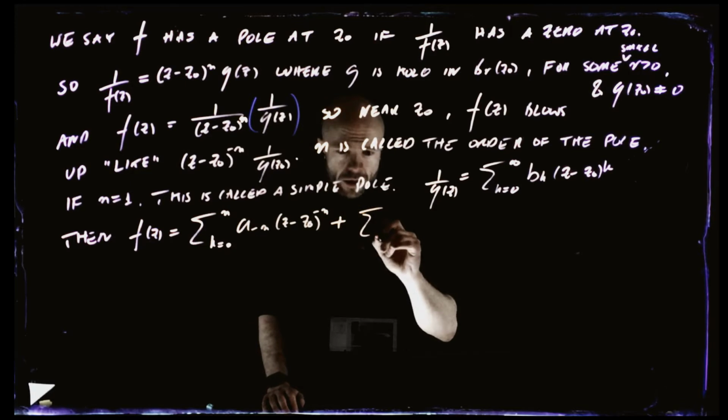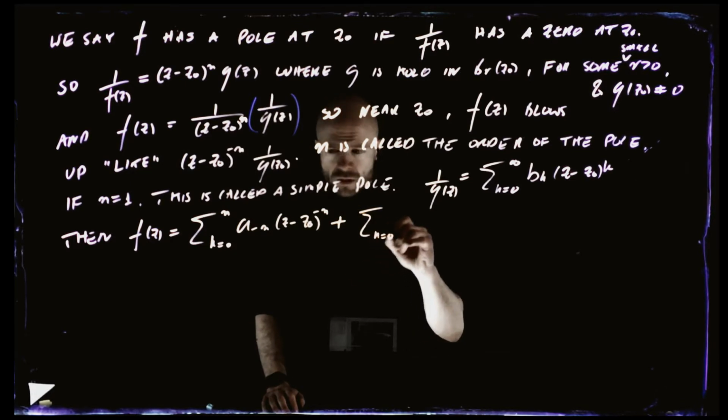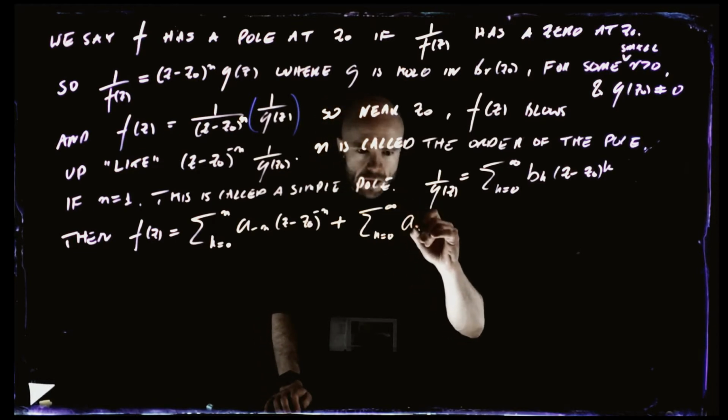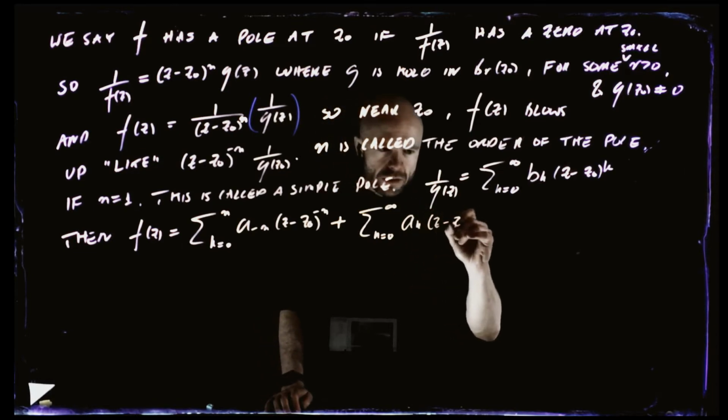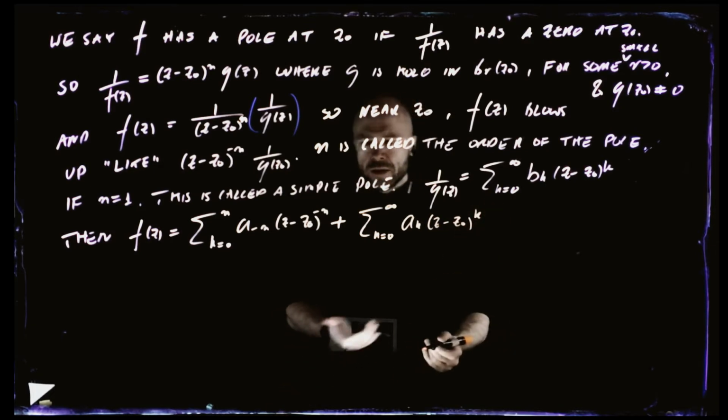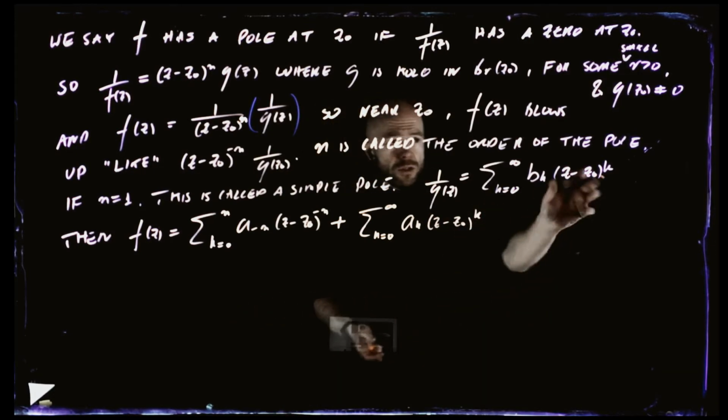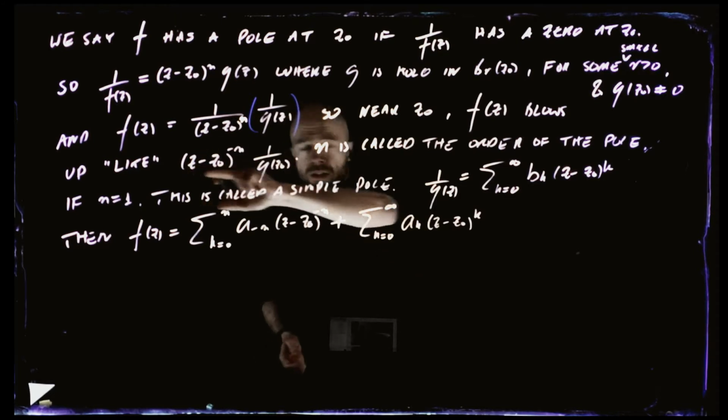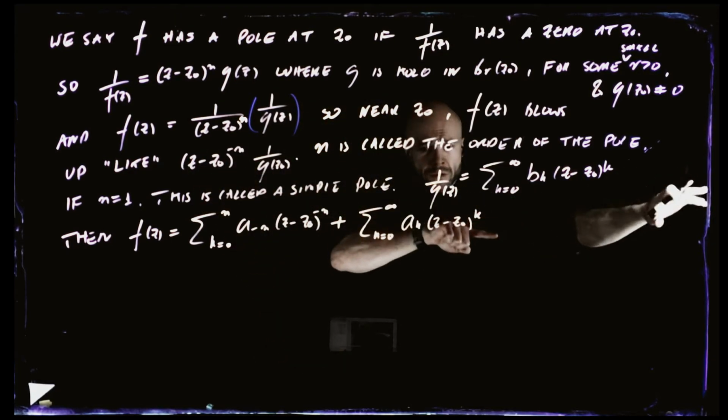And this thing right here, the sum from k equals 0 to infinity of a_k (z minus z0) to the k, this part is the nice holomorphic part. And the way we found that is that we just put this into this, and then take this (z minus z0) to the minus n through, right?